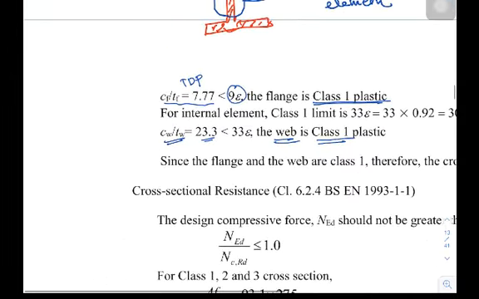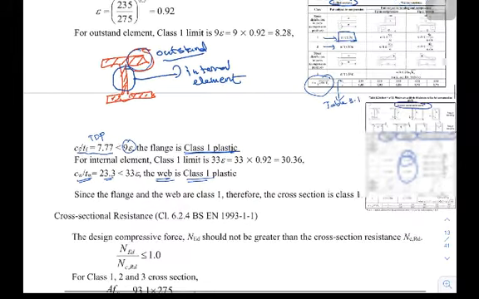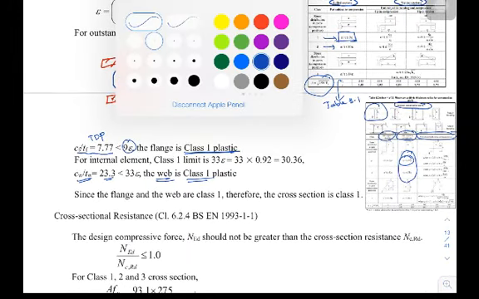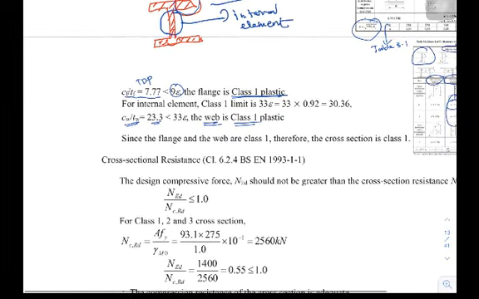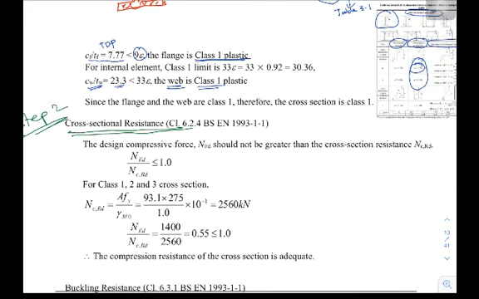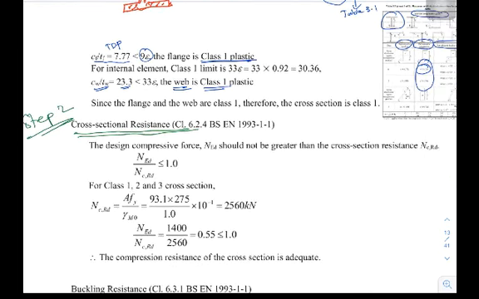That will be the first step on section classification. Right. The second step now is actually to check the cross-sectional resistance. This is step 2, cross-sectional resistance, and it has to comply to this formula here. The NED actually must be less than or equal to NCRD.